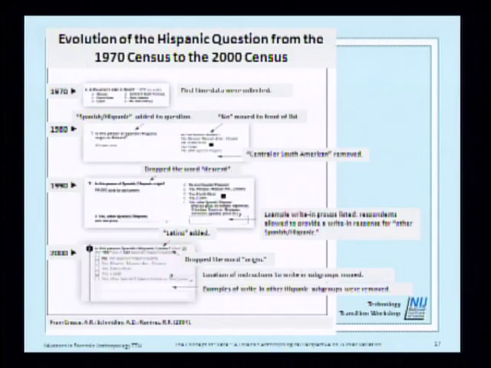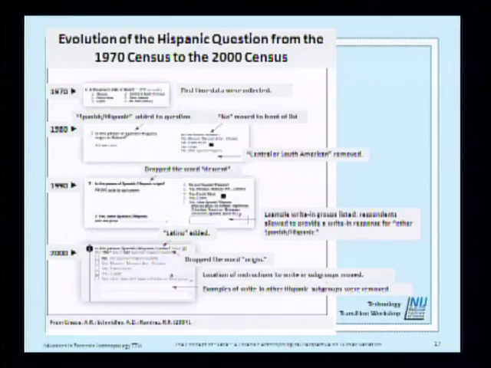In 1980, they added the question, is the person of Spanish or Hispanic? But to me, Hispanic means Spanish. And if you actually talk to someone from Europe, from Spain, and you call them Hispanic, they get really angry. They're European. They don't consider themselves as part of, I guess, the Americas, which is a whole different construct.